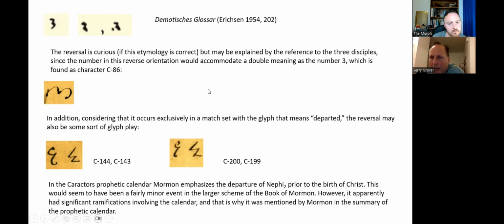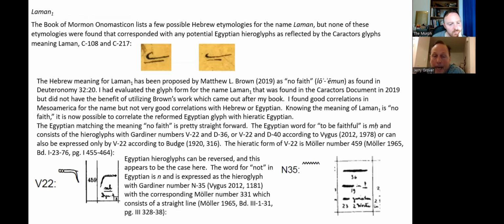I don't know that I understand all of what they've done, but it does seem like they're playing with them, flipping them or putting them in position to make parallel, either mirror or duplicative glyphs next to them. I call it glyphnastics. Okay, so that's that form of Nephi, those two.